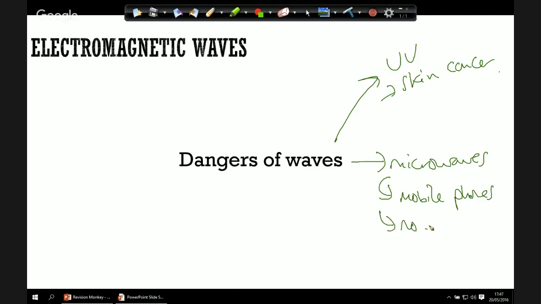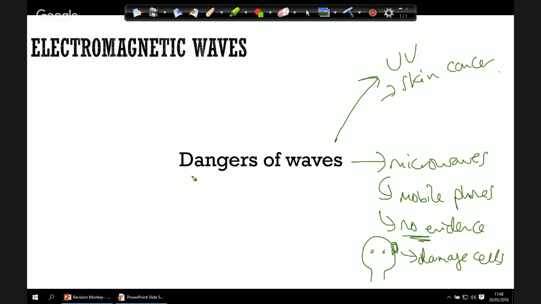There's no evidence that mobile phones are dangerous, but people have the idea that if you've got the mobile phone right next to your head, then that may, just like a microwave warms up food and excites the water particles in food, there's worry that the use of mobile phones next to your head could damage the cells in your brain. But there is no evidence for that. So they might ask you whether there's any evidence. You just remember there's not.